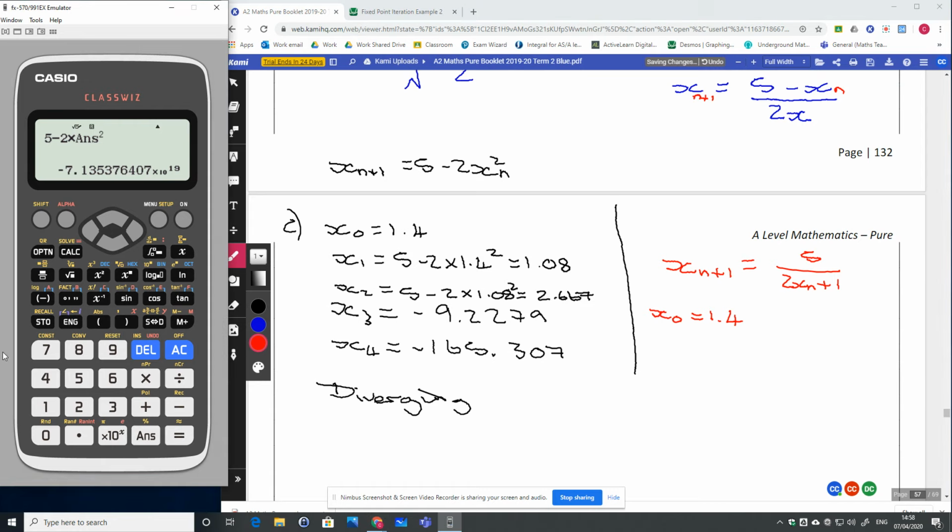So if we clear the calculator, 1.4 is my starting point, press equals, that's put it in the answer.